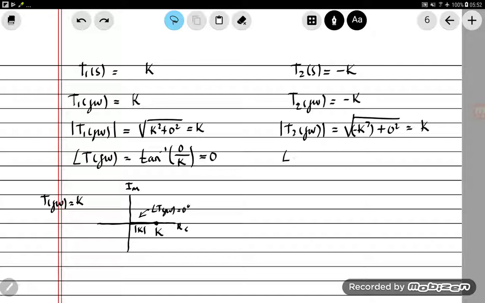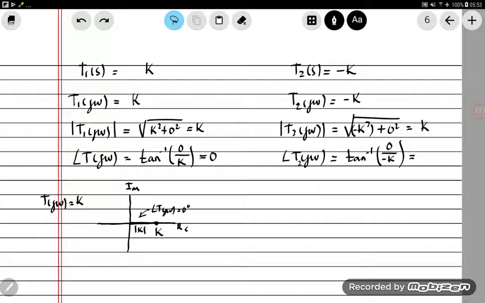And if we take the phase angle, again that's the arctangent of the imaginary part, which is 0, over the real part, which is negative K. Your first guess would be that this is again 0 degrees, but in fact it's not.